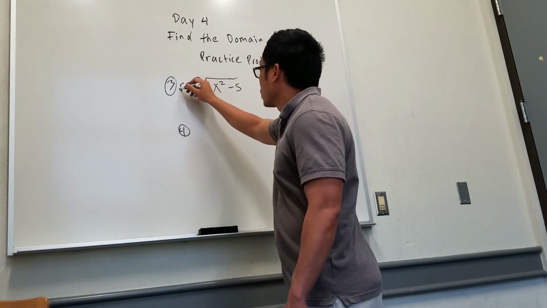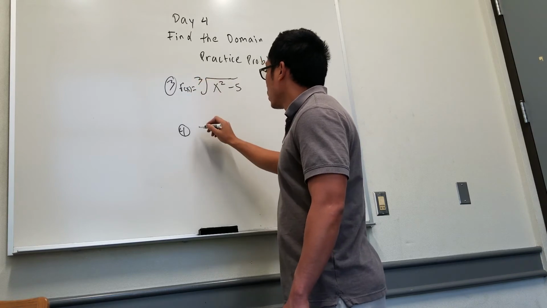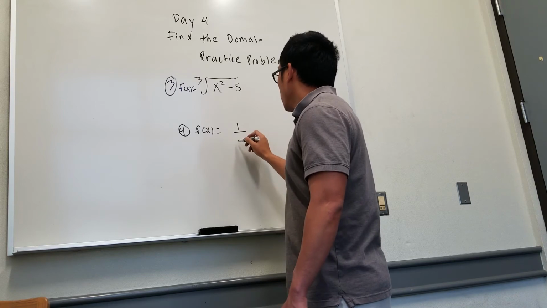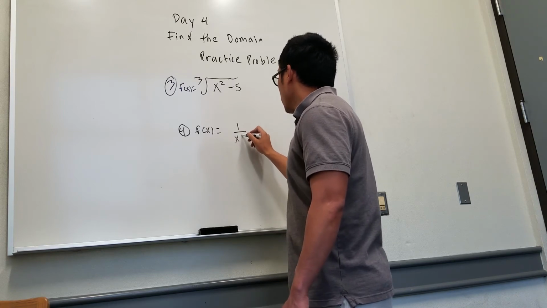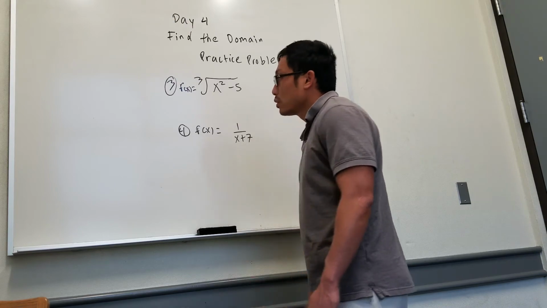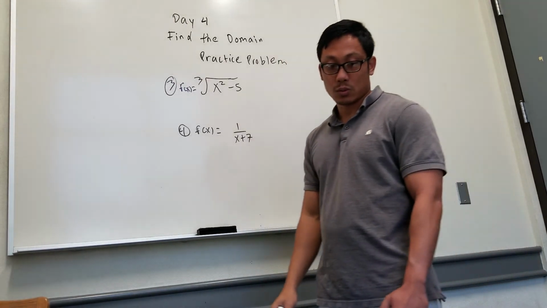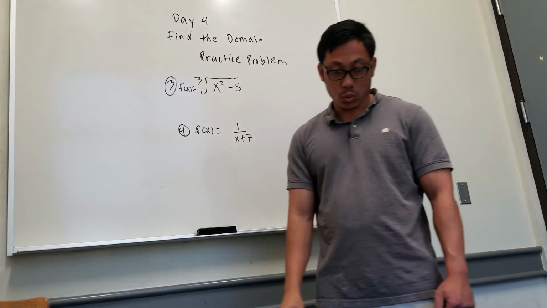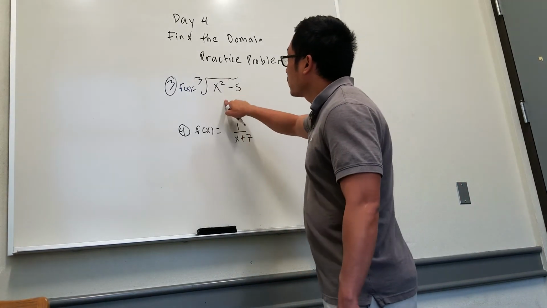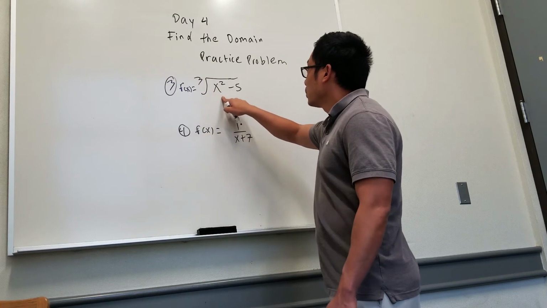f of x, f of x, x plus 7. So what's the domain on the top? This is a cube root, so I can plug in any numbers.